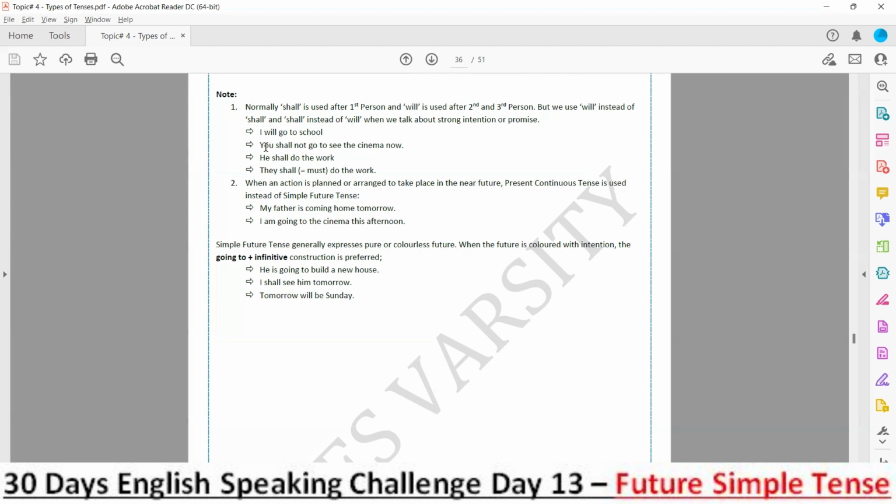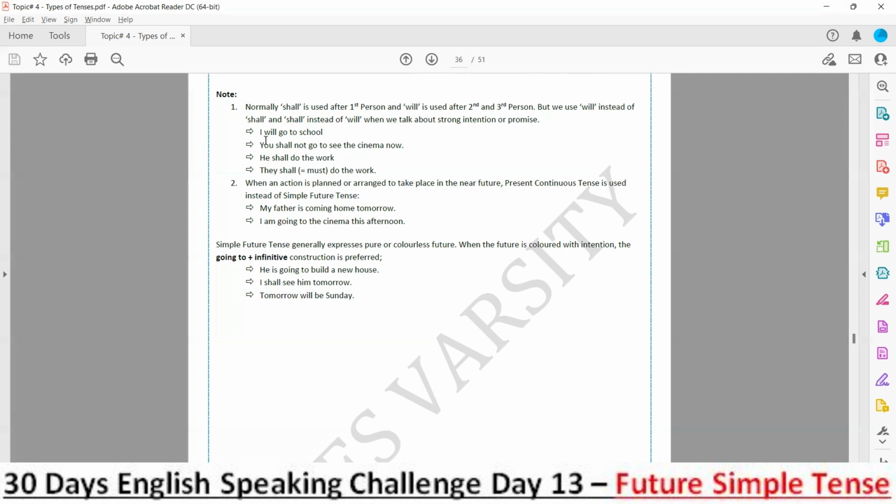Similarly, you is second person, singular or plural. So as per syntax, will should be used, but shall is used here. Why? Because you shall not go to see cinema.